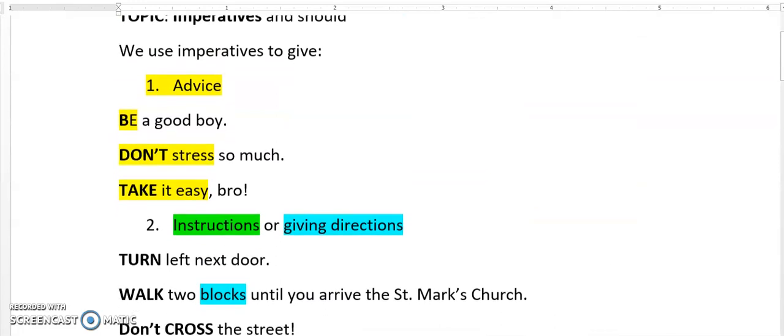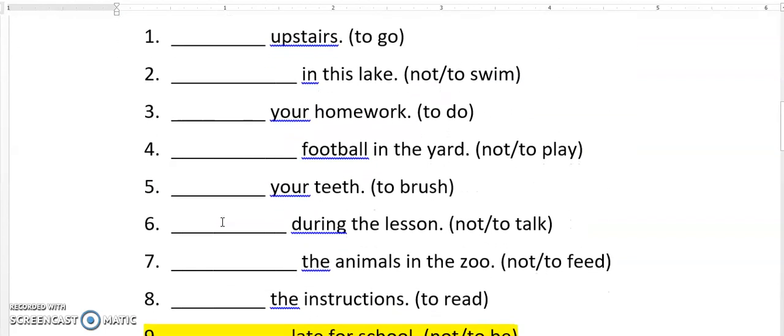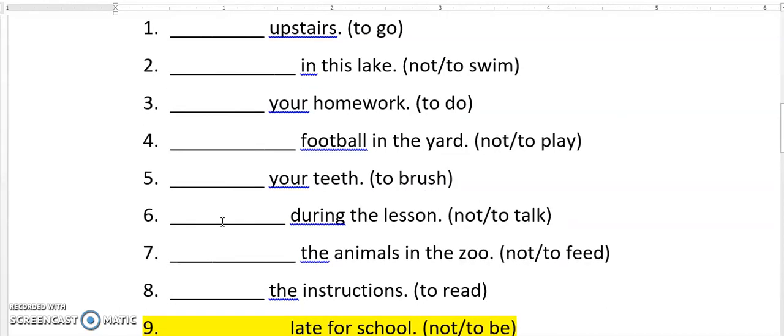Ya vimos imperativos para consejos, advice, imperatives for instructions or giving directions, and also imperatives for warnings, advertencias. We have time to complete this. Tenemos un ligero tiempo para completar estos ejercicios. Complétenlos.